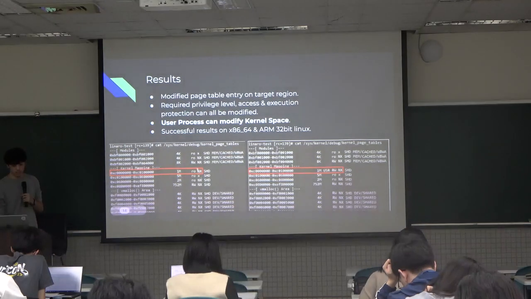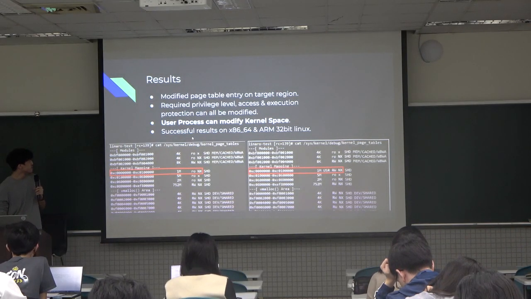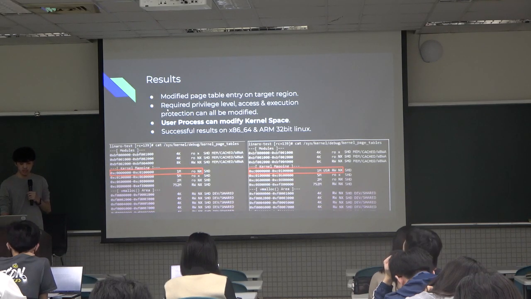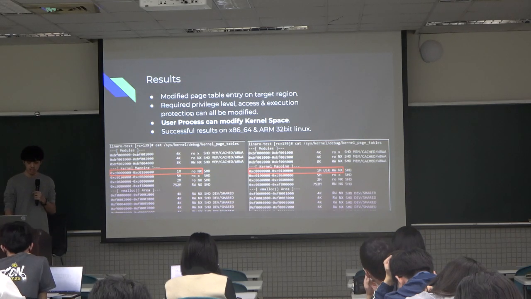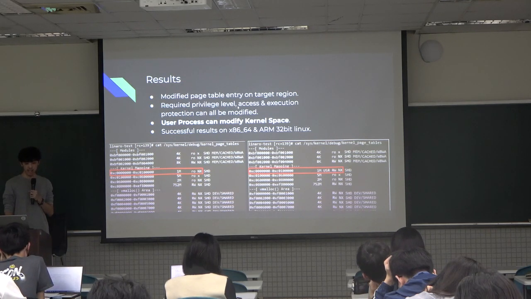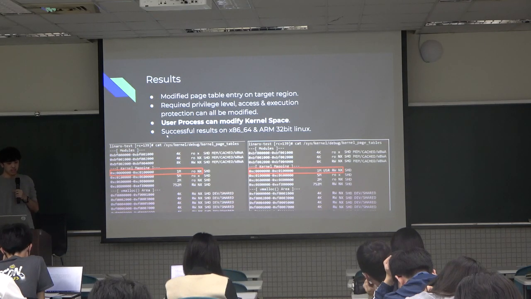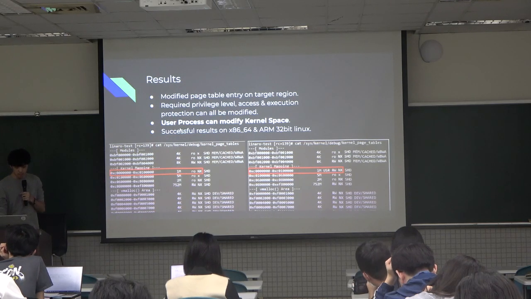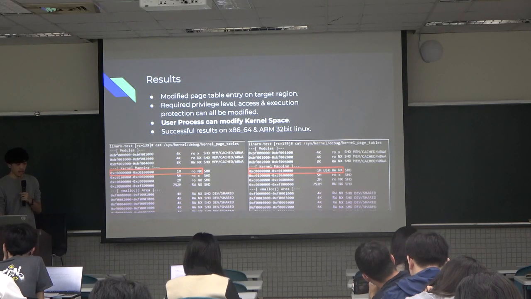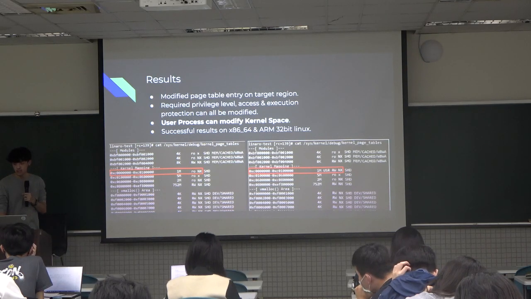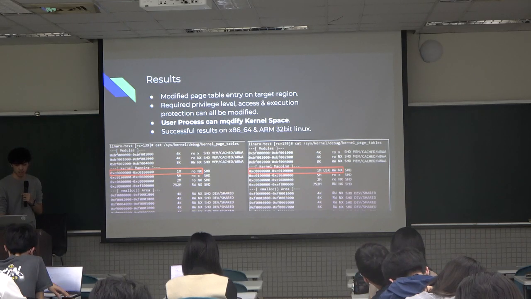In the paper's results, this method can modify the page table entry on the targeted region. The targeted region's memory address, required privilege level, and access execution protection can all be modified. After the modification of the master kernel page table, all user processes can modify the kernel space data.